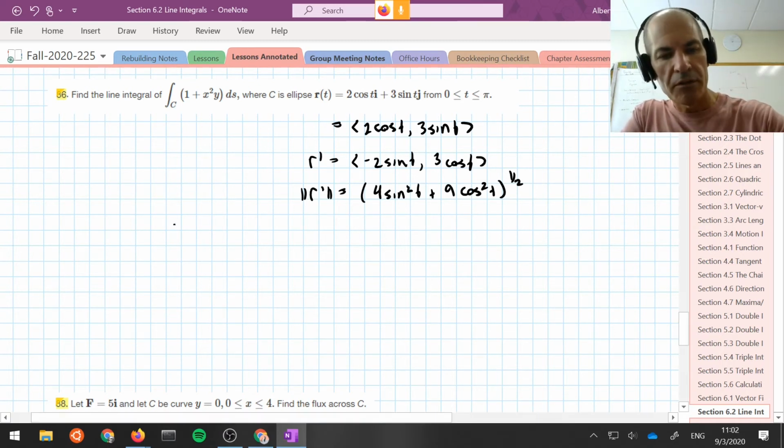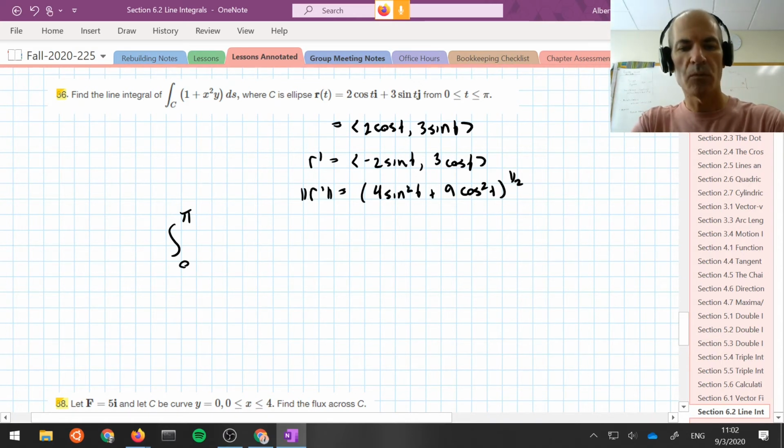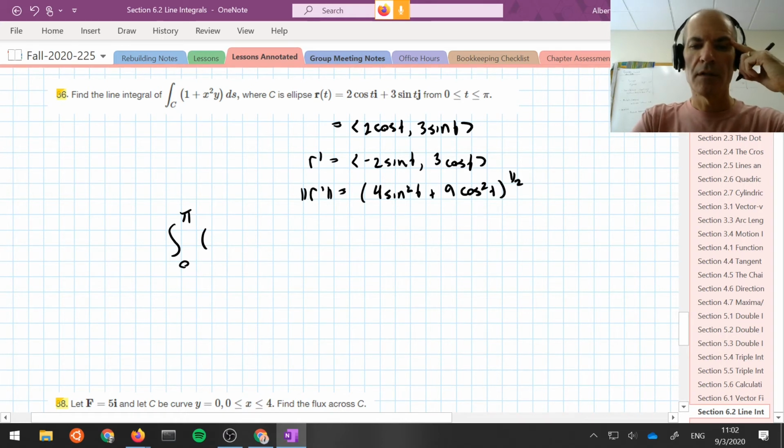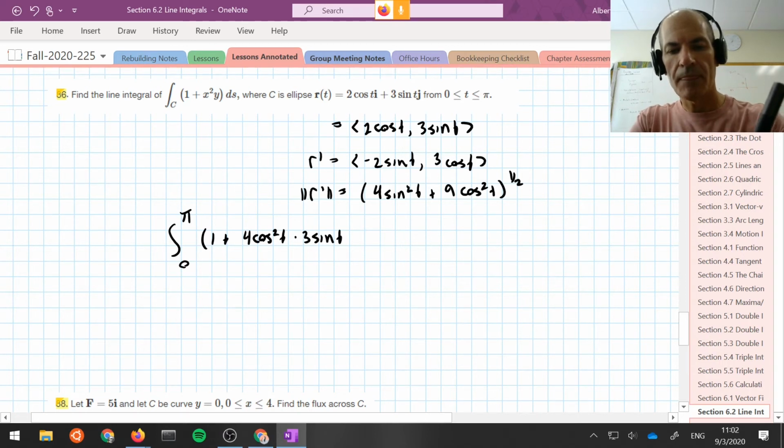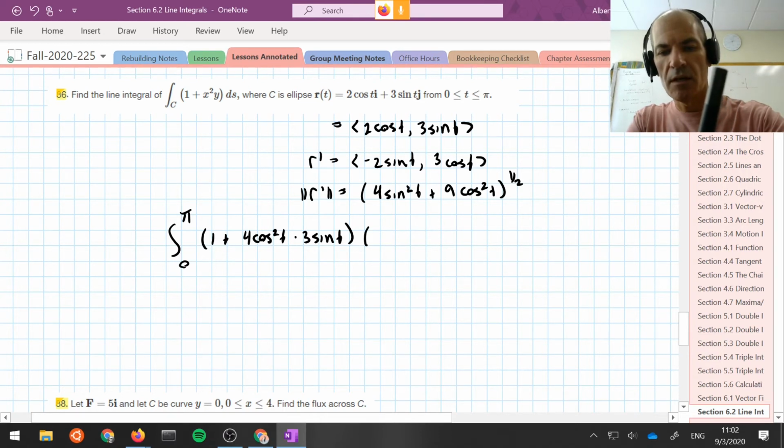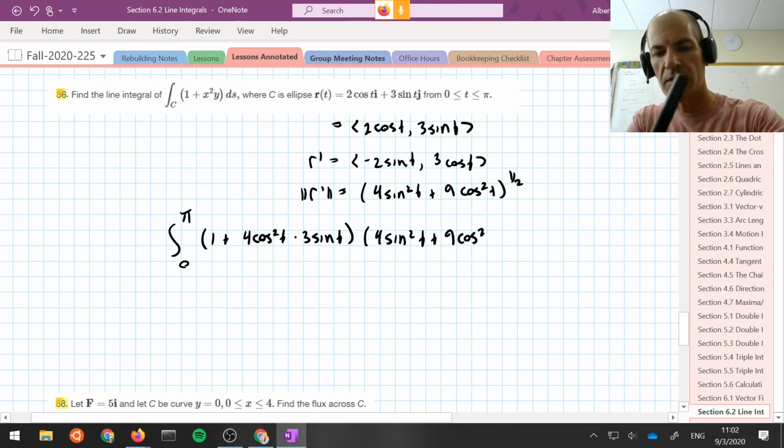The parameter range here is 0 to pi, and the function 1 plus x squared y has to be converted to go along the curve. So we have 1 plus x squared is going to be 4 cosine squared t times y, so that's another 3 sine t, and then times the magnitude of r prime, which is the square root of 4 sine squared t plus 9 cosine squared t, dt.